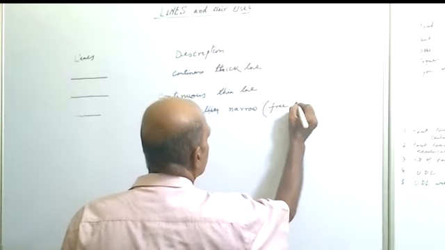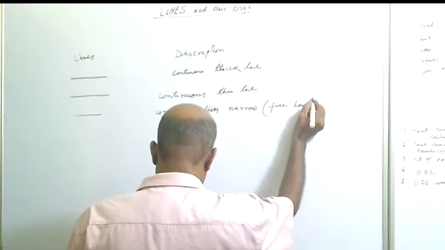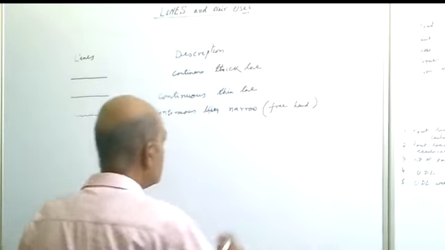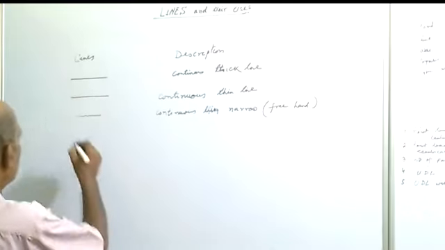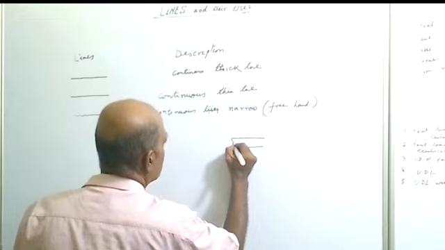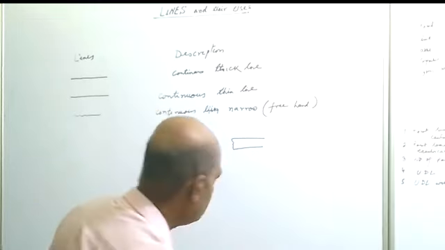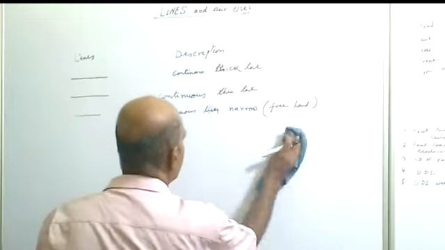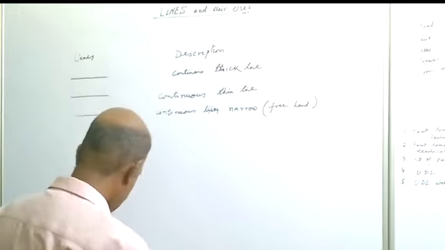For freehand drawing, we have shown the short break line like this. Short break line, what we have seen now, that is the short break line. So it is a continuous thin narrow freehand line.